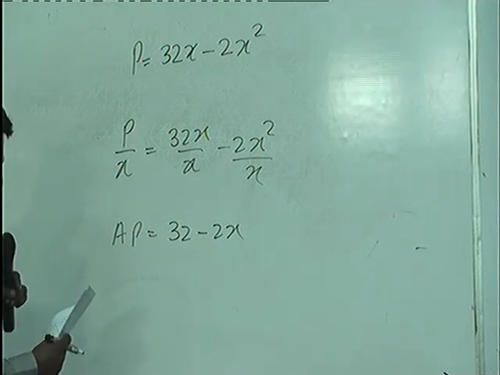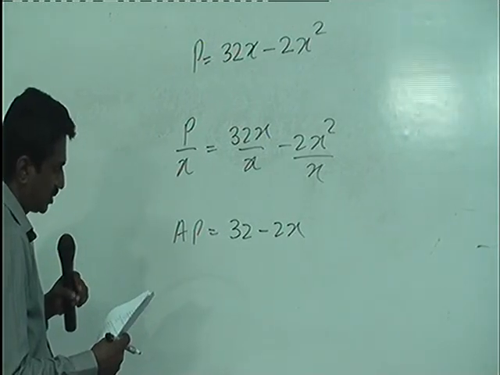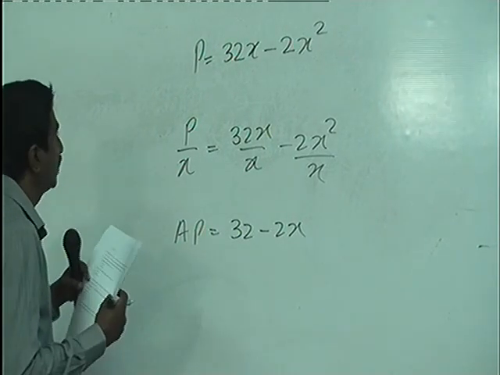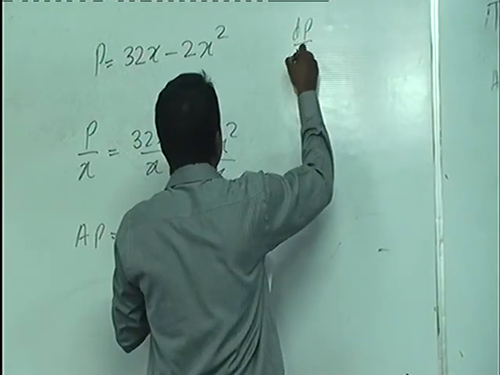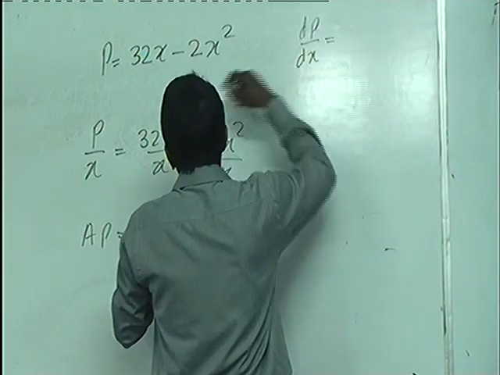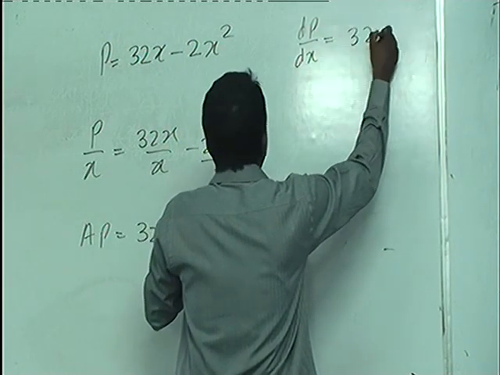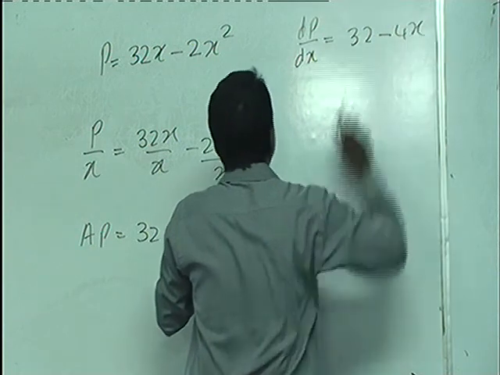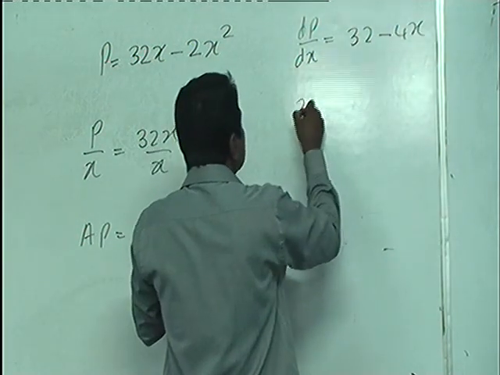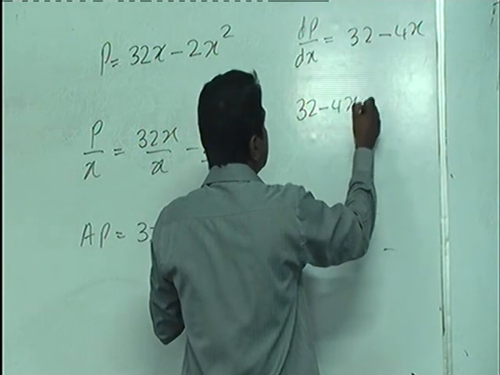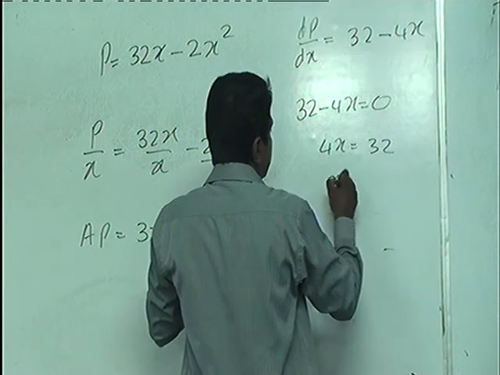Then the next part is the same question. The total profit is maximized when units are 8. For maximizing, you differentiate dP by dx. So when you differentiate, that is 32 minus 4x. 32 minus 4x equals 0, then 4x equals 32, x equals 8.